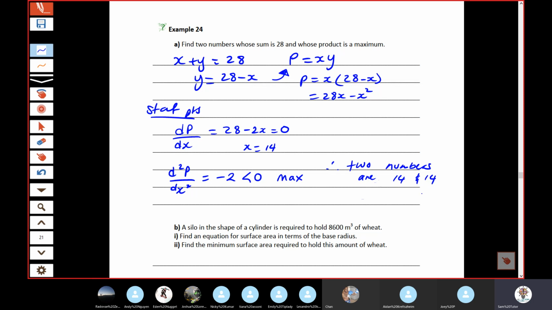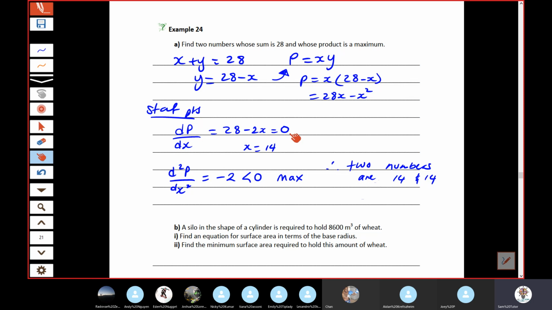Any questions? No? Eden, maybe? You seem like you have a question. How is the curve of 14, 14... What do you mean? What you've just done, you went and created an equation for the product, which is a constraint with x and y. Then you realized that you could just do it in terms of x's from this relationship.